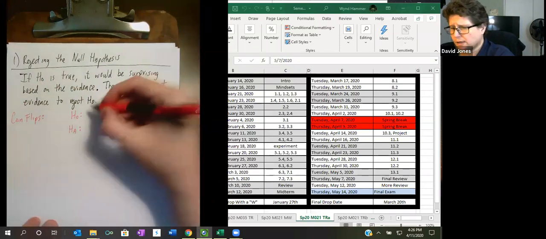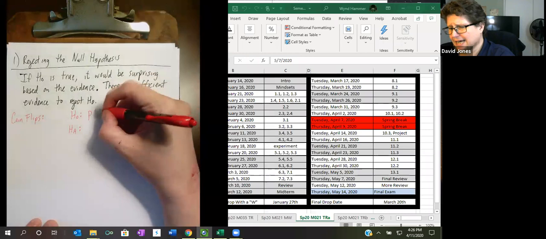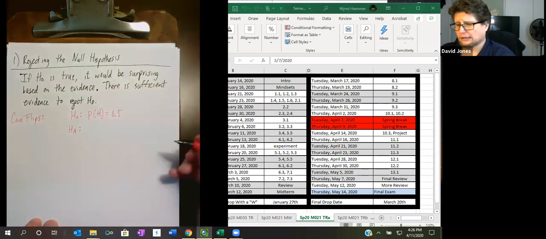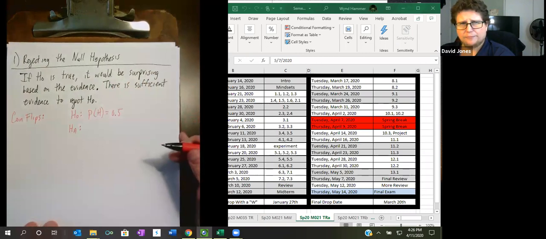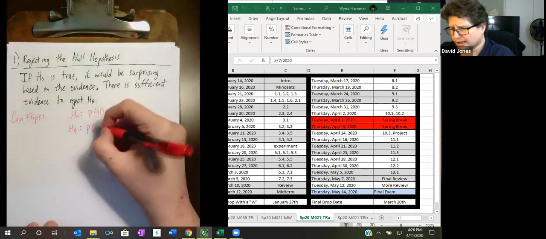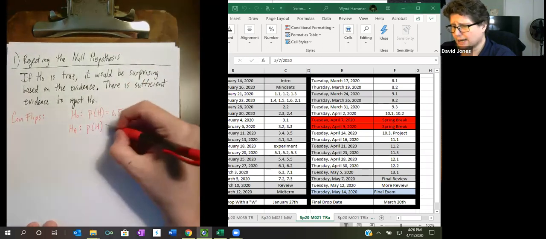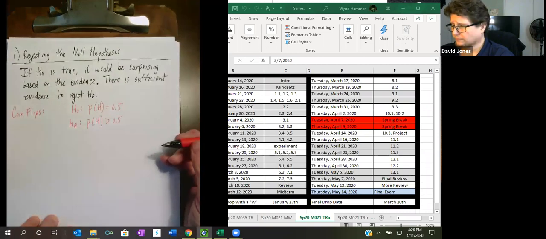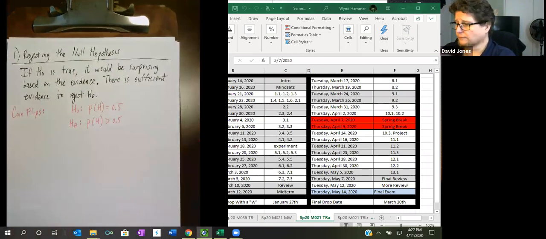We assumed the probability of getting a heads was 0.5. After seeing a bunch of heads, our alternate hypothesis was that it's greater than 0.5.